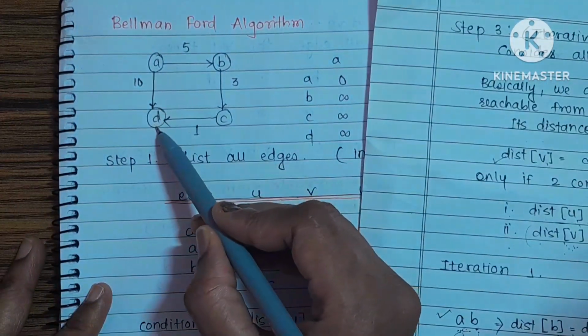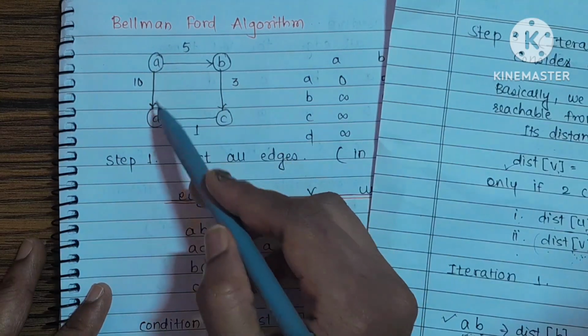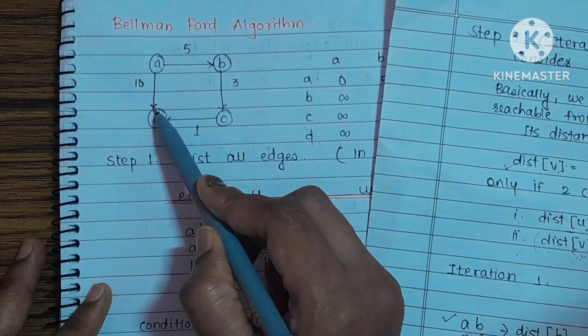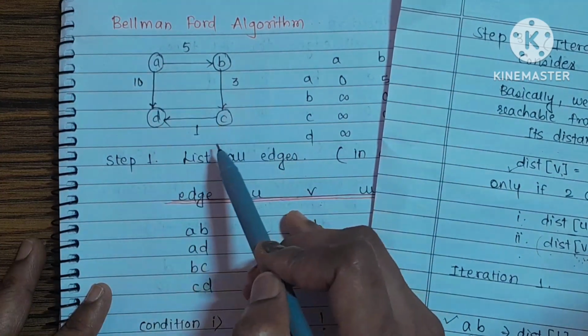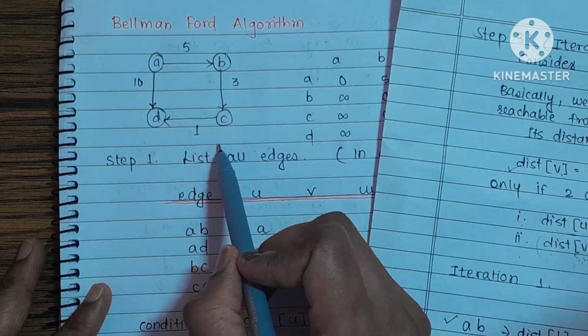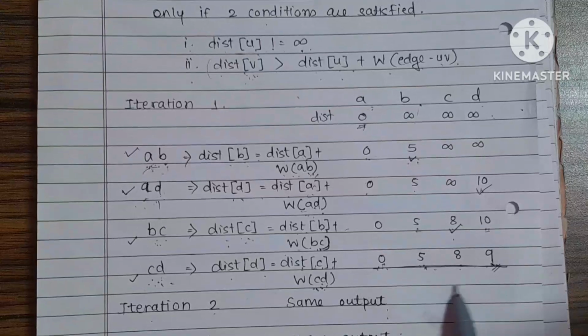See, D is reachable from A through 2 paths. Here a direct path is available, which is of distance 10, whereas by following the path A to B, B to C, C to D, it results in 9, and that's what we obtained here.